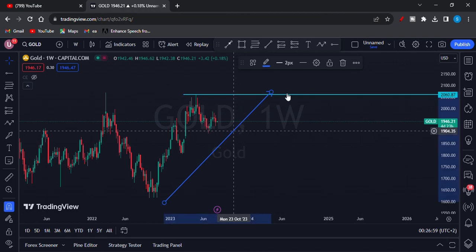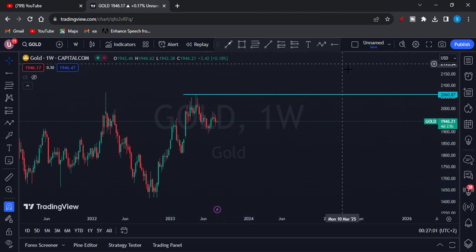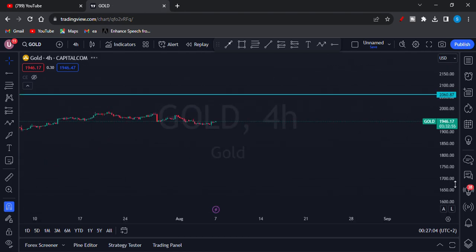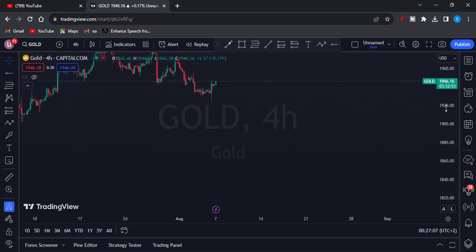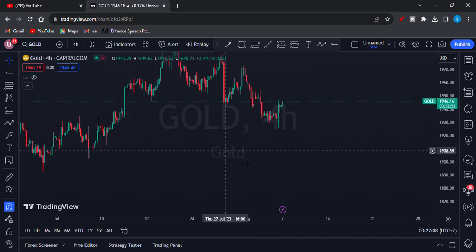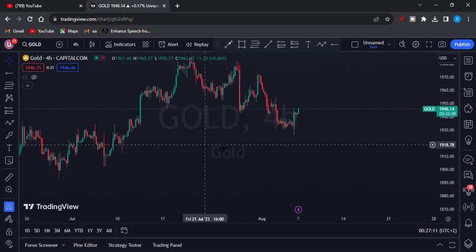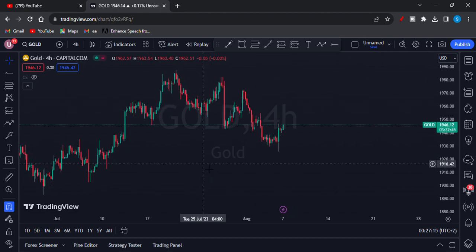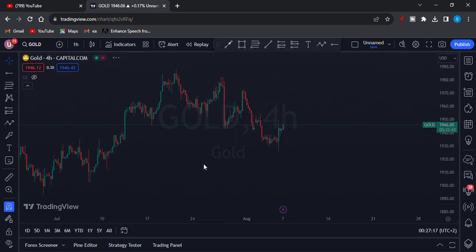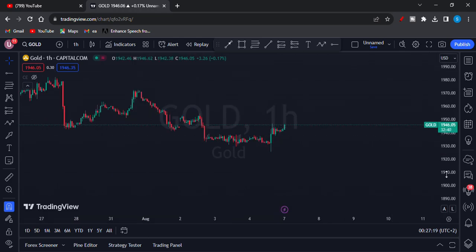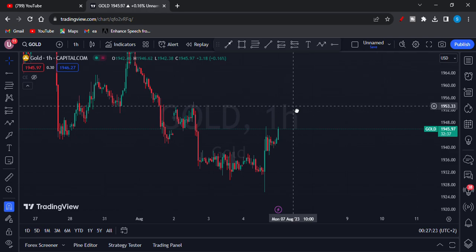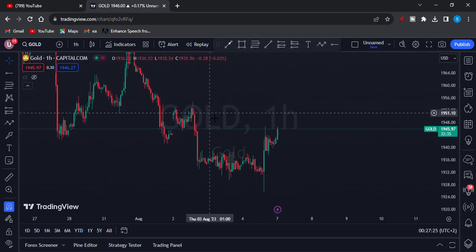Then let me take this out. Let's go to 4 hour, and then let's find our support, even our resistance. So let's go to hourly. I think on hourly we can find a clear structure.